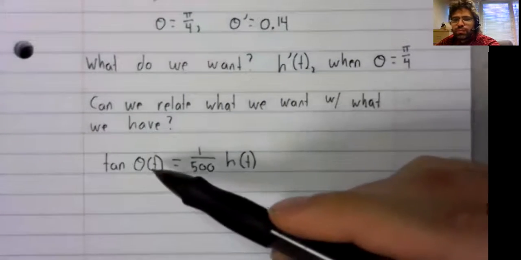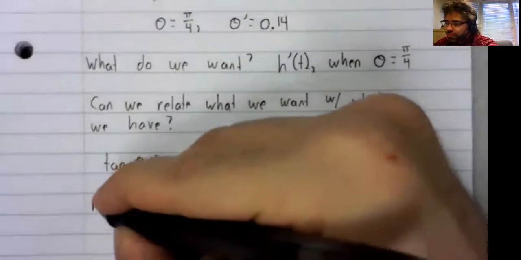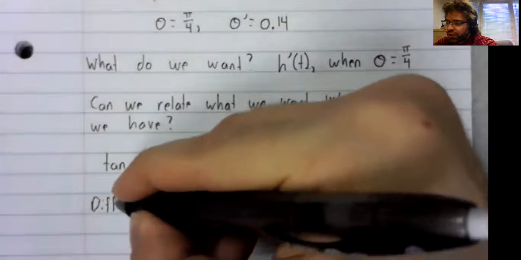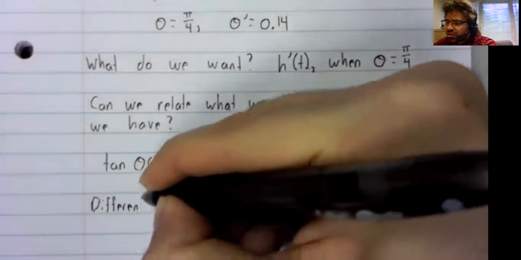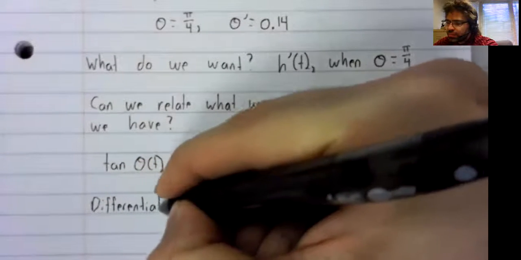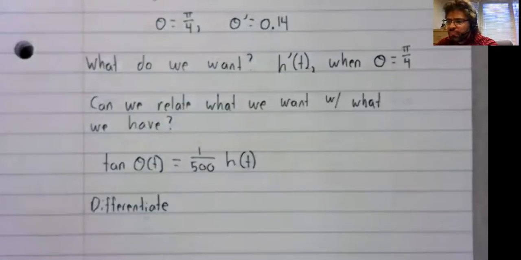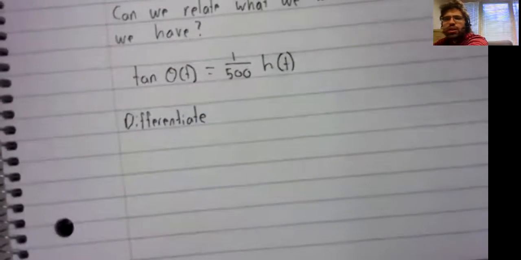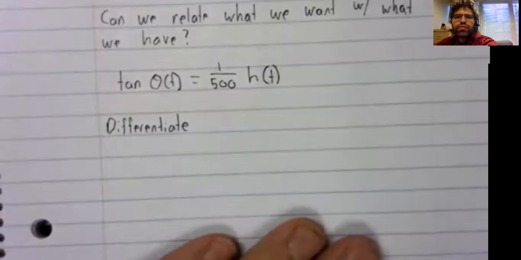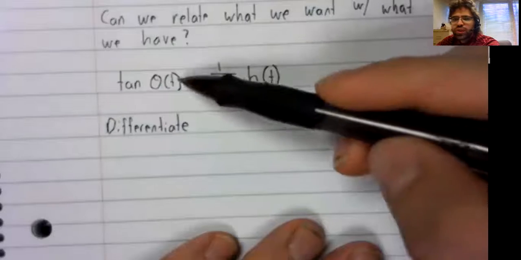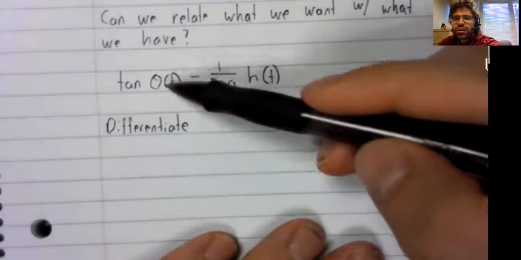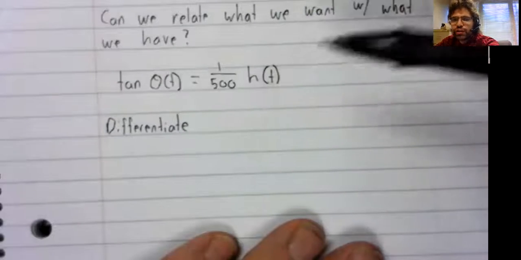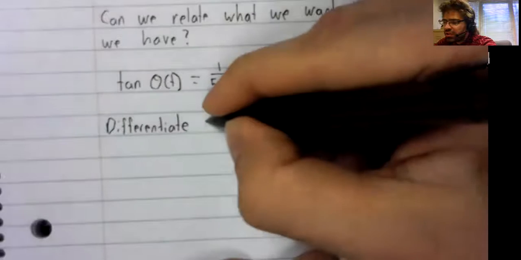And now we'll differentiate. And I know I'm sometimes a little inconsistent about when I use function notation and when I don't. I used function notation here to emphasize the very important point.